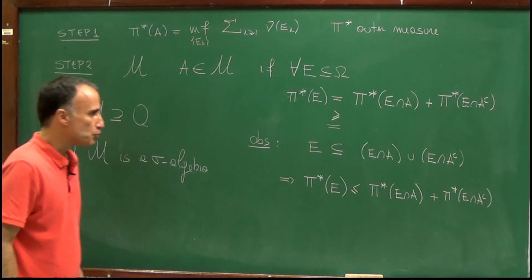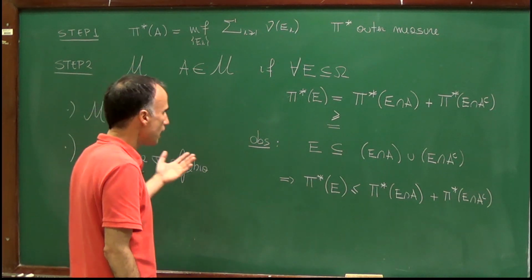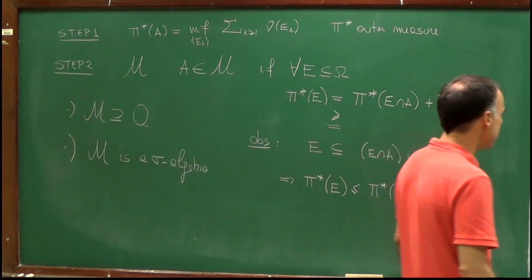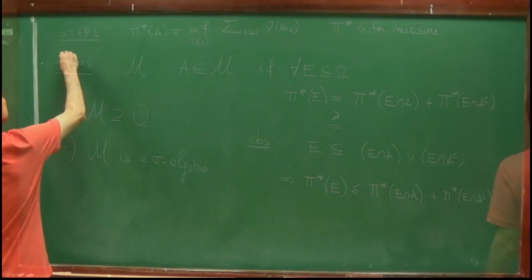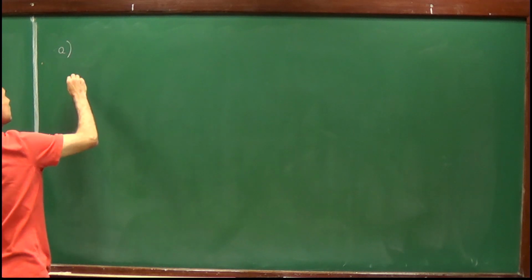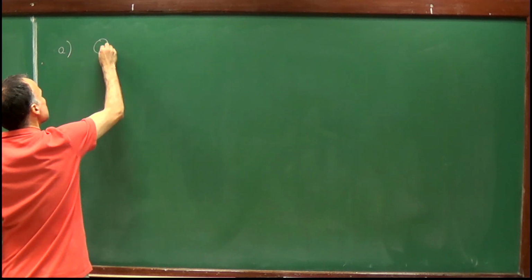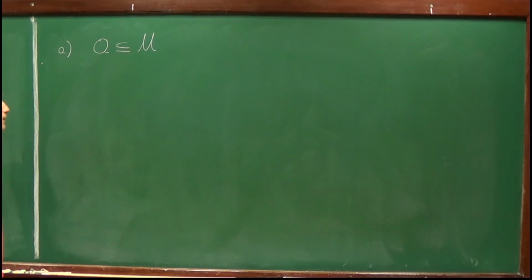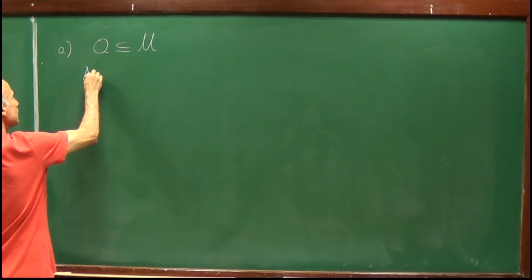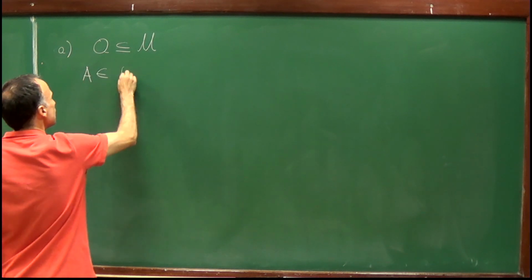So let's prove that M contains the algebra and that M is a sigma algebra. So the first point is to show that the algebra is contained in the set M. So for that, let's assume that A is an element of the algebra.